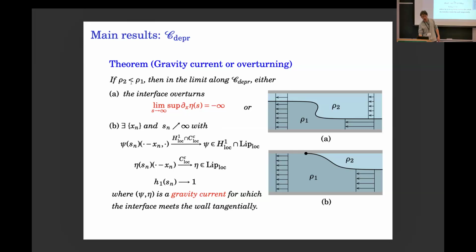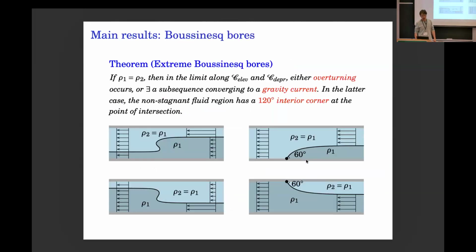In the case where the 2 densities are different, the heavier one lying on the bottom, you will see a tangential contact. It's not a 120 degree one, it's a tangential one, which also agrees with some of the numerics, which I didn't show you. When we see this kind of 60 degree or 120 degree angle, depending on how you measure it, that is when you're in the Boussinesq regime.